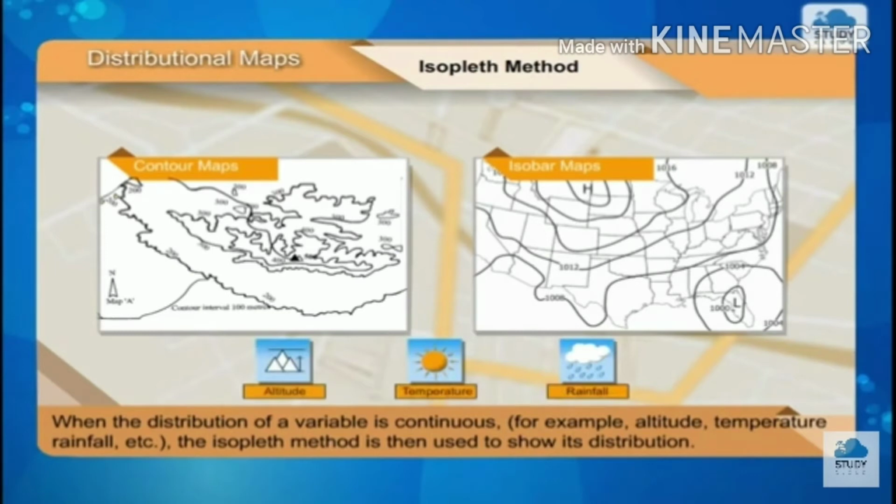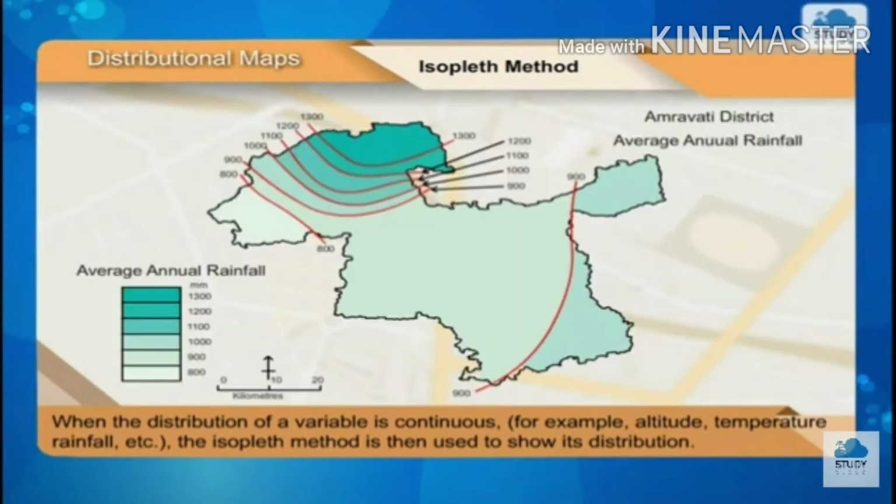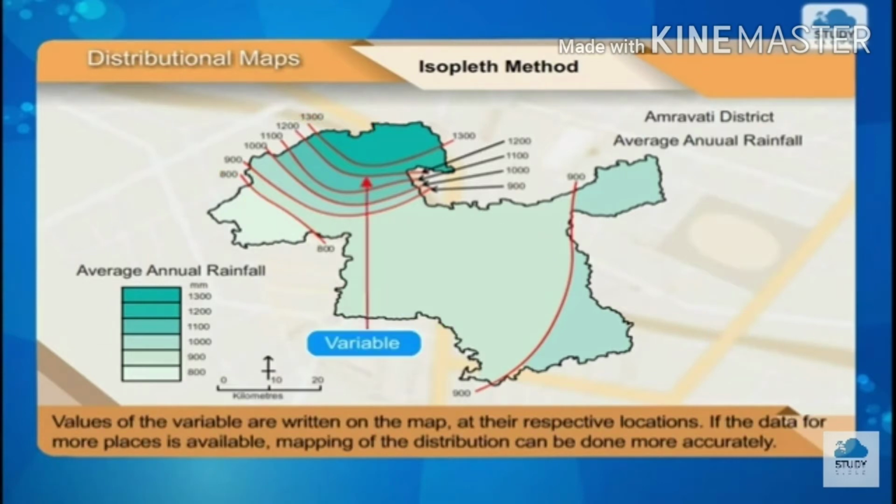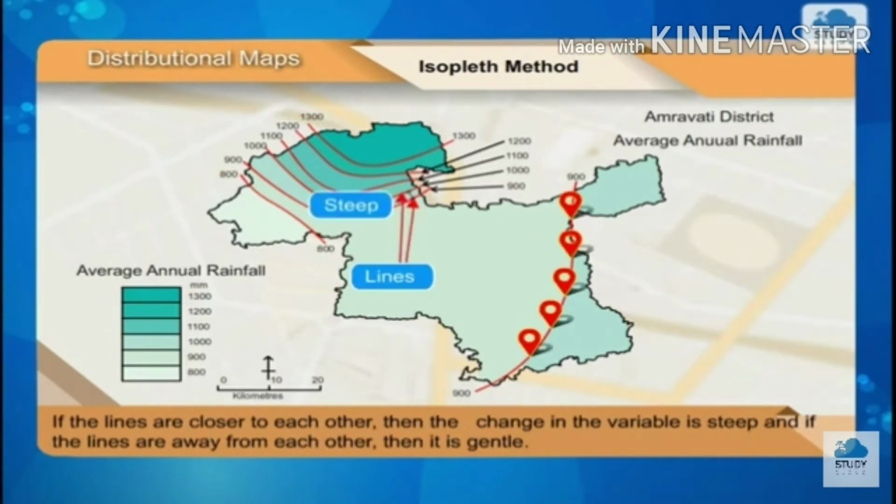It is assumed that the difference between the altitude and the rainfall of two places changes at a uniform rate. The sub-administrative units are not taken into consideration.